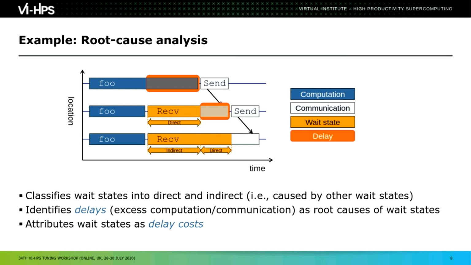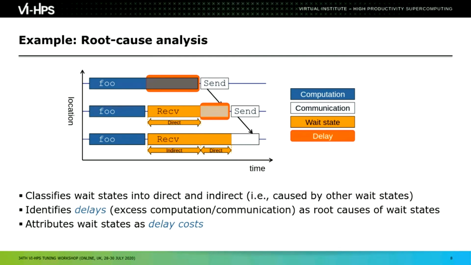So in this case, we're seeing a fragment of the execution where the top process is taking longer for some reason, and the part that takes longer is an indication that there's some imbalance or some other activity going on that is delaying the top rank being able to initiate its send. And because it's delayed in initiating the send, in this case to the middle rank, that means that there's a delay on the middle rank.